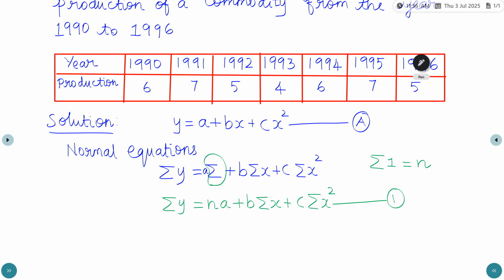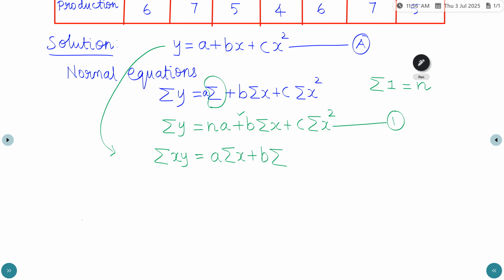Similarly, multiply the A equation by x, that is summation xy equal to a into summation x plus b into summation x square plus c into summation, already there is x square multiplied by x means x cube.